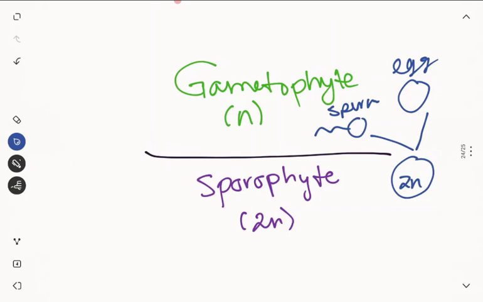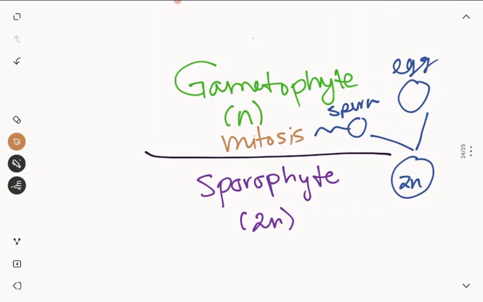Sperm and egg are haploid, so the gametophyte produces the sperm and egg through the process of mitosis. Okay, gametophyte produces sperm and egg through mitosis.